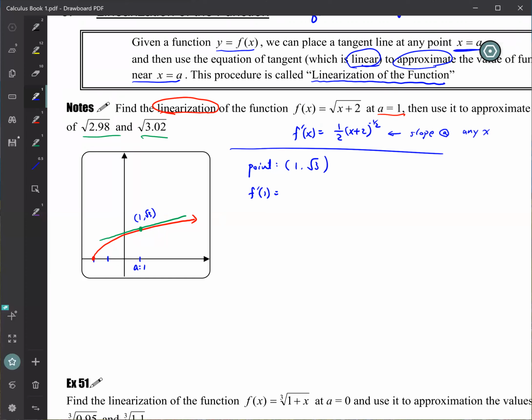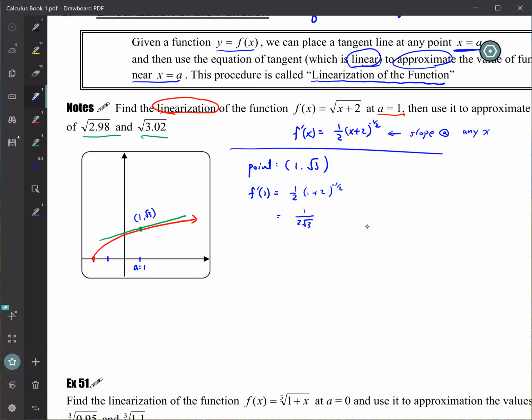And then we can use that to find the slope at any place. Here we want to find the slope at 1. So what's the slope at 1 now? 1 over 2, 1 plus 2 to the negative half, which is 1 over 2 root 3. And then do we rationalize? If you want, it doesn't matter. We can leave it like this, right?